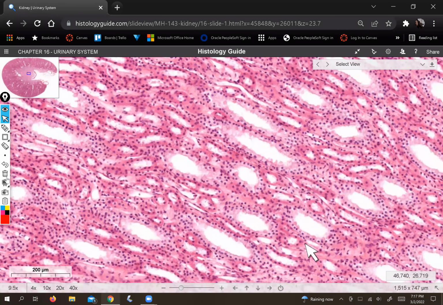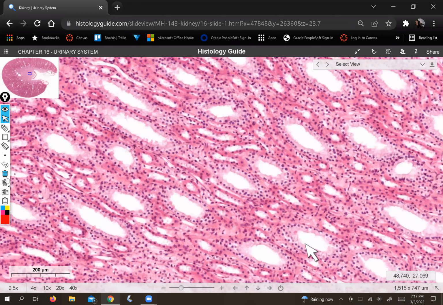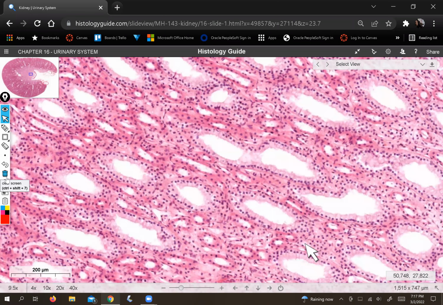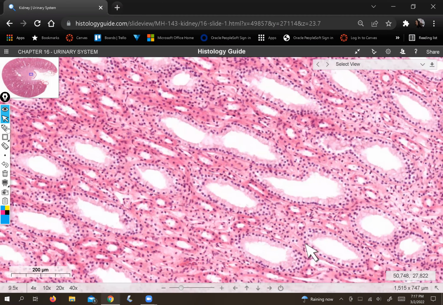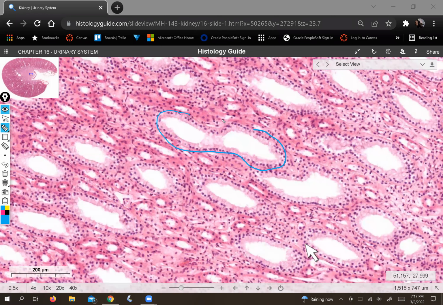And if I just continue on down, it starts to be conspicuously columnar, right? So all of these guys are very obvious now and very columnar epithelium-ish.